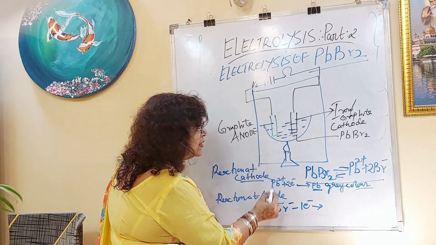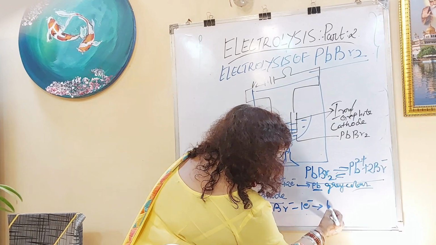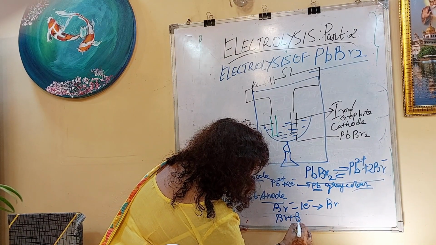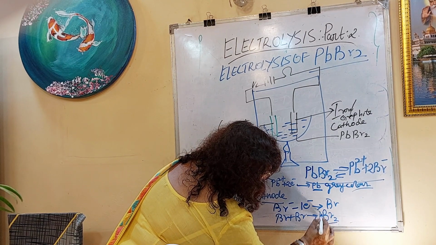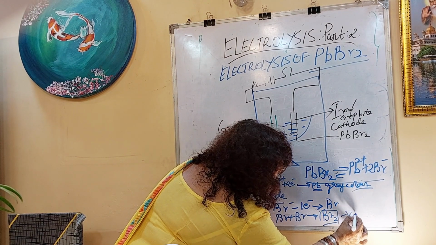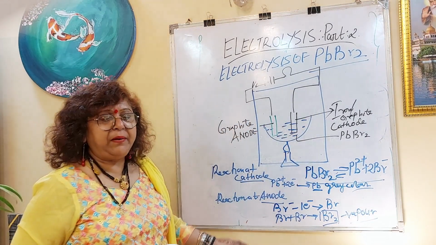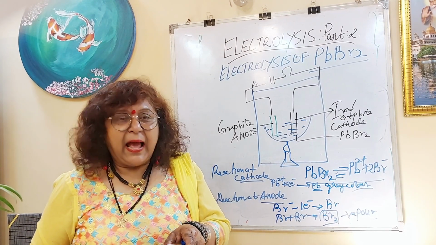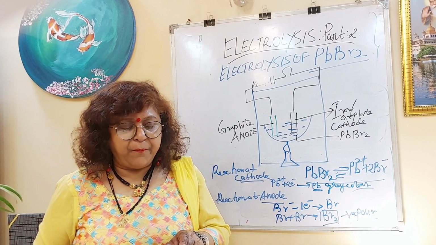That means oxidation here, reduction there, remember. Okay, and it becomes bromine. 2 bromine atoms will combine to form bromine vapors. That is, the bromide ions are discharged at the anode as neutral bromine atoms by giving up electrons. The bromine atoms combine to form bromine.